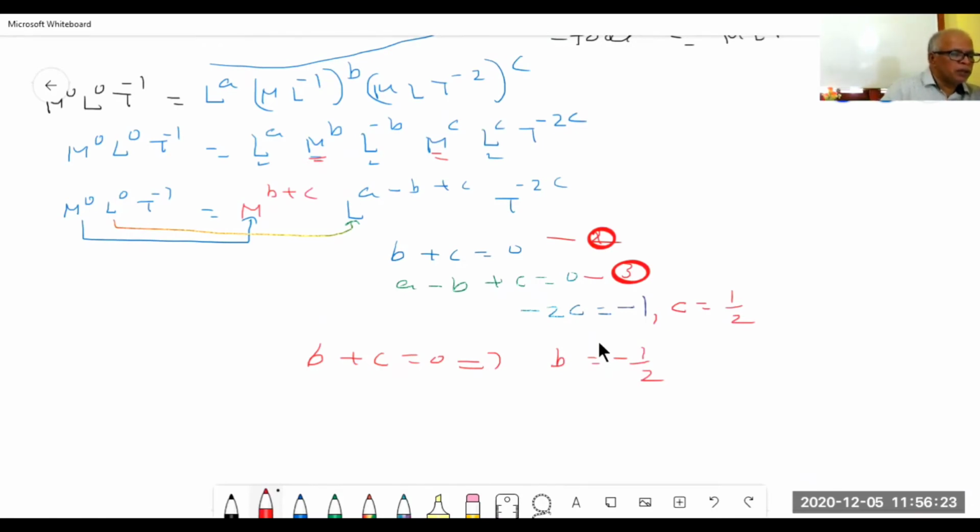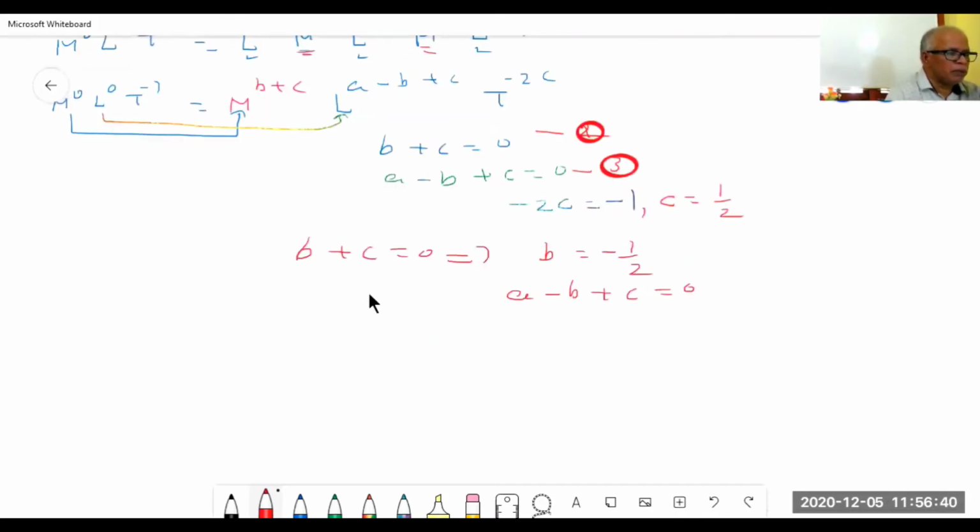Now we have b is minus 1 by 2 and c is 1 by 2. So what will be a? From a minus b plus c is equal to 0, a will be equal to b minus c.